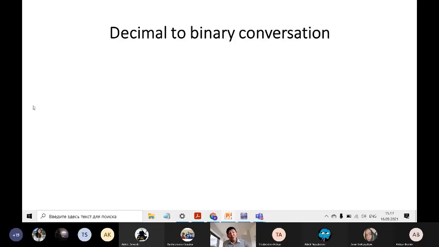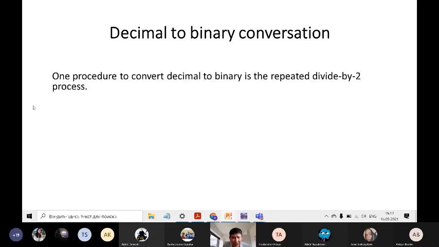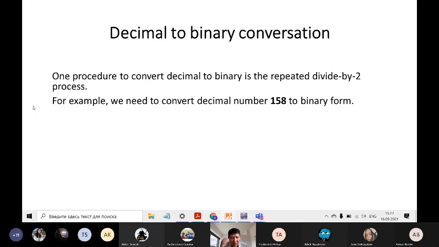So next, when we need to convert from decimal to binary, actually there are several ways, but I know one, and it's very simple. The procedure to convert decimal to binary is the repeated division by 2 process. So, for example, we need to convert decimal number 158 to binary form. So what will we do?